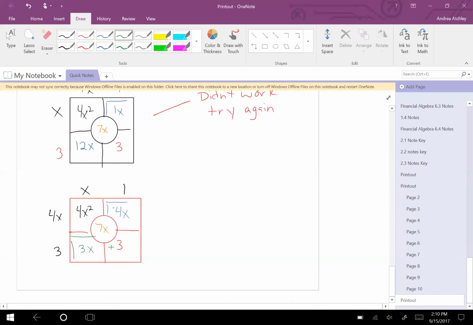Okay, so that means to get the signs, to see if this is a +1 or a -1, you just take whatever sign this is. So this is a positive, so you have to move the positive up here. This 3 is positive, so you have to make the 3 positive here.